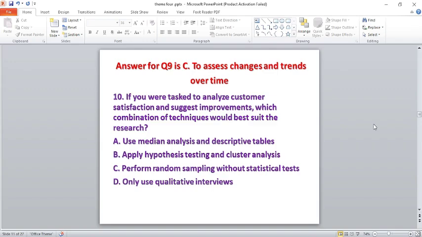B. Apply hypothesis testing and cluster analysis. C. Perform random sampling without statistical tests. D. Only use qualitative interviews. The answer for this question is B. Apply hypothesis testing and cluster analysis.